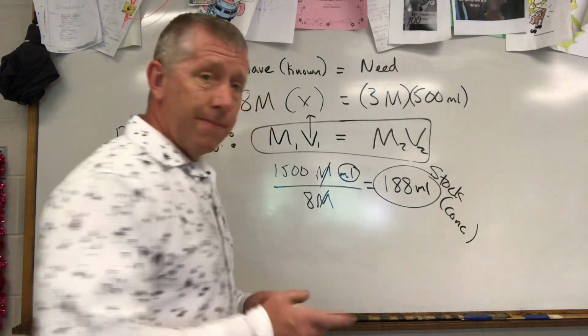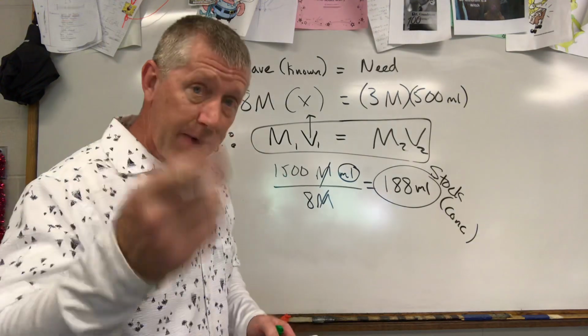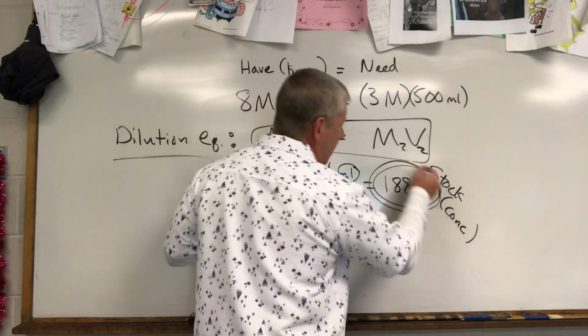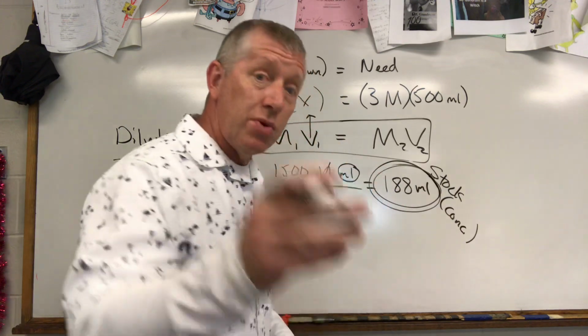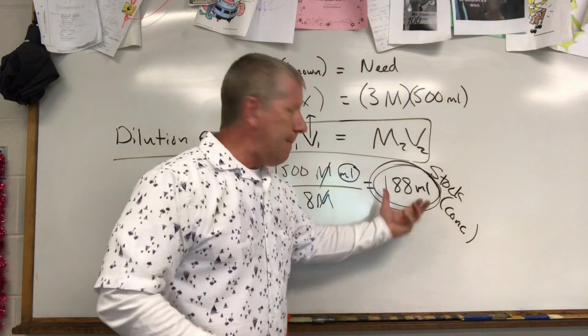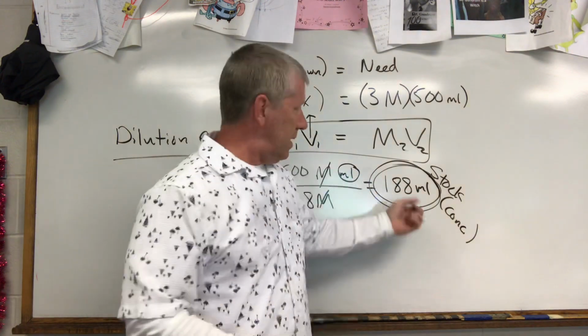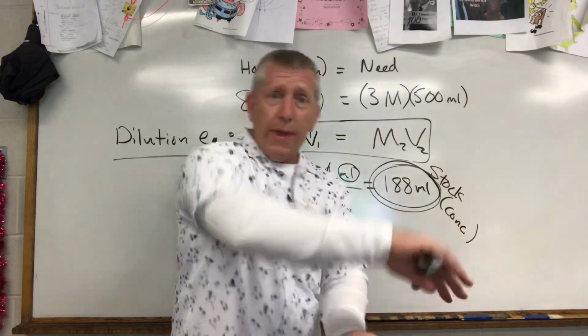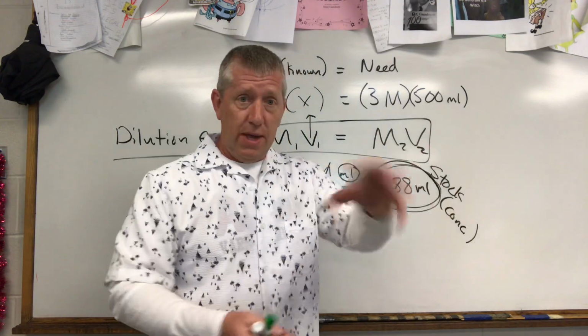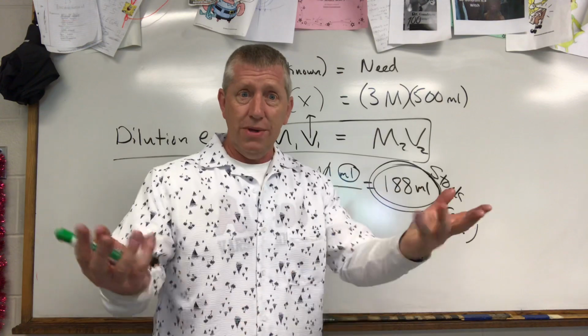All right, so here's what you would do. Some of you might have thought this through already. You know you're going to pour out 188 milliliters of that concentrated solution. Remember the orange juice example I used? This would be like my little container of concentrated orange juice. You pour that into a container, and then the directions say add 3 more containers, and you have it.